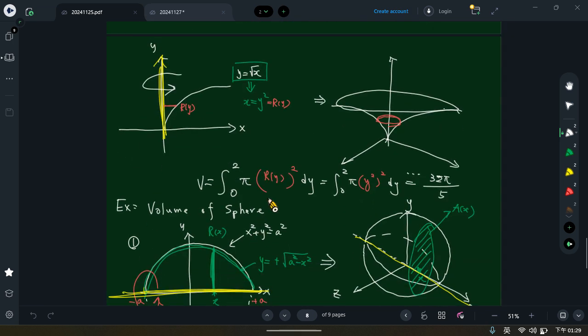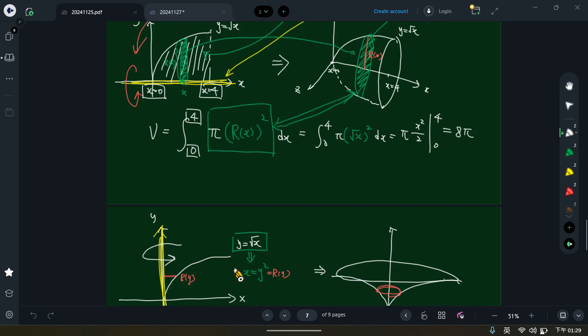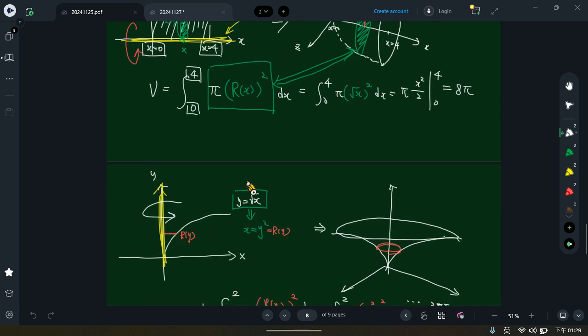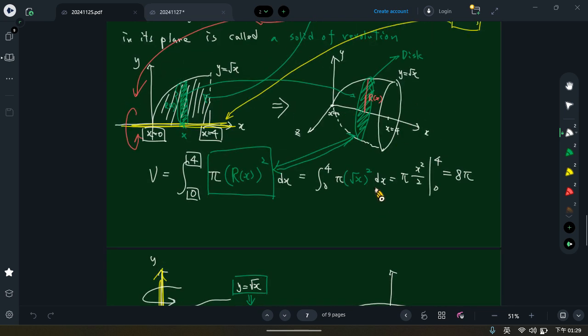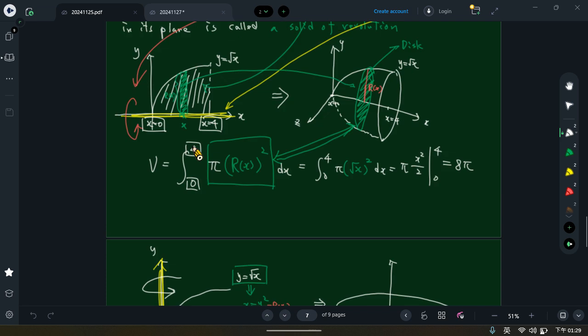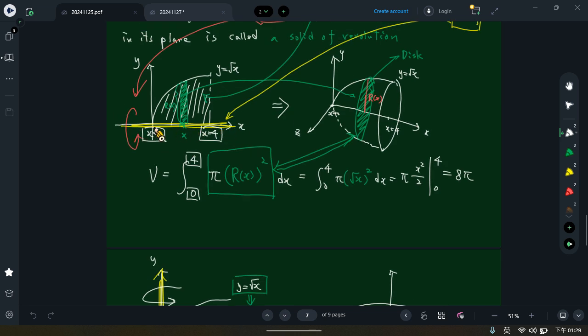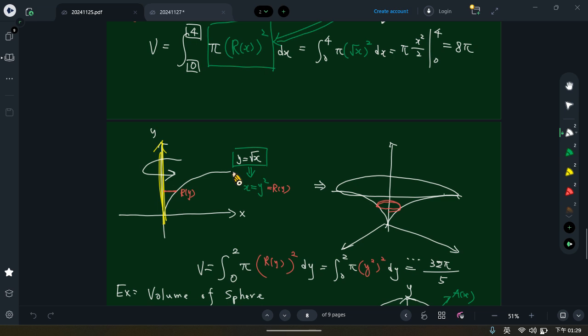So I also illustrate this example for you: you should remember that the rotation axis, for example, this one is the x-axis. However, for the same curve, if I ask you to rotate it about the y-axis, the result will become different.